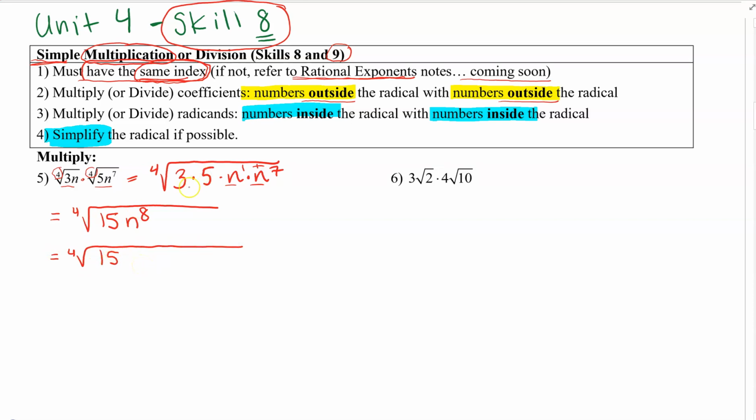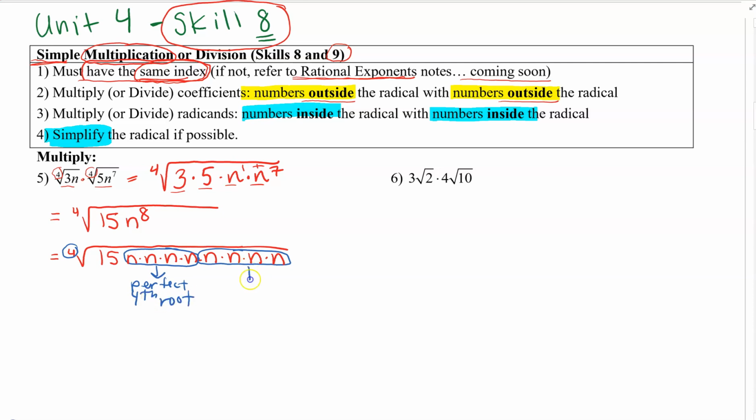Well, 15 I know came from 3 and 5, and 3 and 5 are both prime numbers, so there's definitely not going to be 4 identical factors that I can find a fourth root of, so I'll leave 15 alone. But the n, there's 8 factors, right? 1, 2, 3, 4, 5, 6, 7, 8. There's 8 factors, which means you can break that up into 2 groups of 4. And every time you have an index-sized group, that's a perfect fourth root, or a perfect root of whatever the index size is.